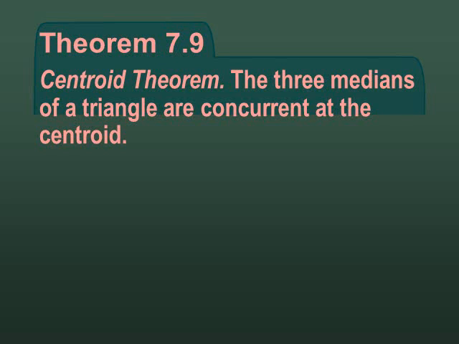Alright, so let's look at medians. If you remember what a median is, okay, it extends from the vertex to the midpoint of the opposite side. This would also, in physics, be called the center of mass. Every object that has mass has a center of mass. So in most people, the center of mass is your belly button.